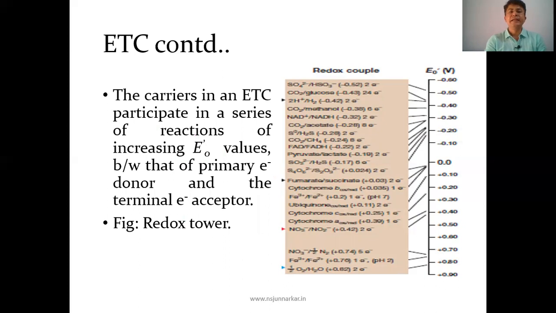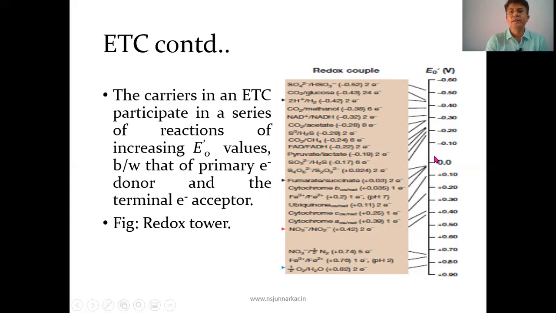The carriers in an electron transport chain participate in a series of reactions of increasing reduction potential values designated as E-0 values between that of primary electron donor and the terminal electron acceptor. So this is the redox tower that is shown, where the different redox couples are shown and their reduction potential values are mentioned on this scale.